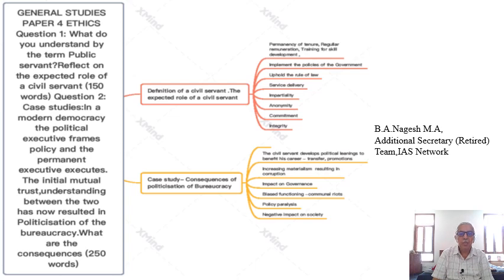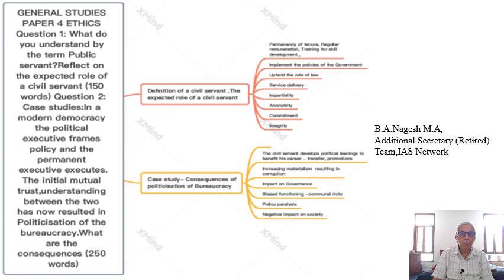Integrity, and by integrity, I mean absence of corruption. He discharges his duties in a corruption-free atmosphere, and not only should he not be corrupt, he should see that the subordinates also work in such an atmosphere. So integrity is one of the hallmarks of the civil service, and this is an expected role of a civil servant.